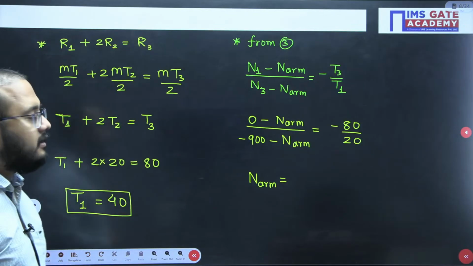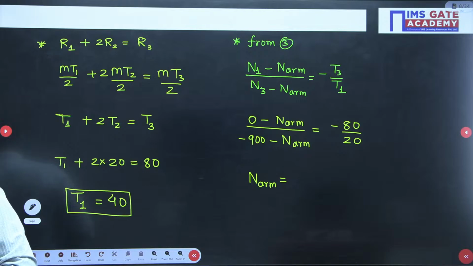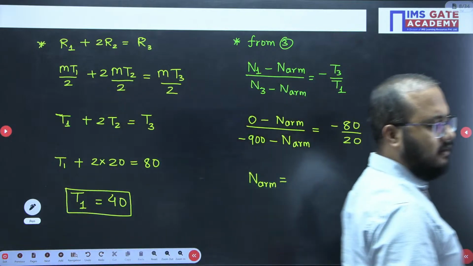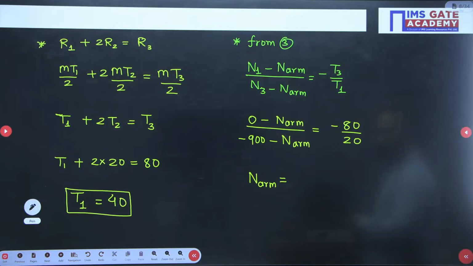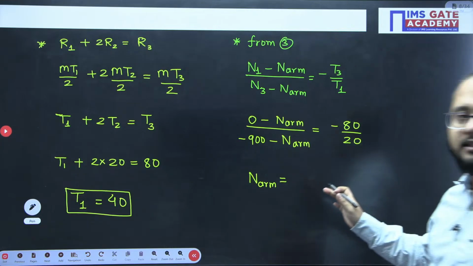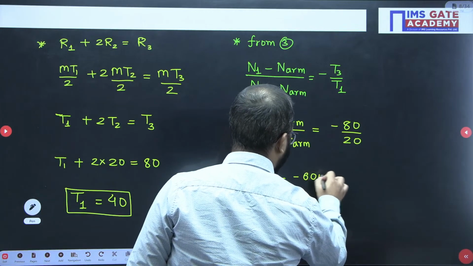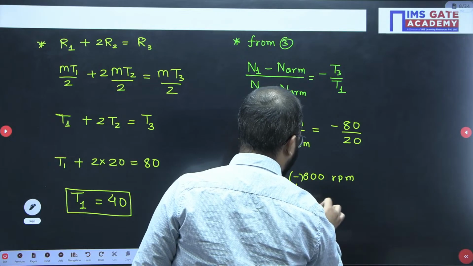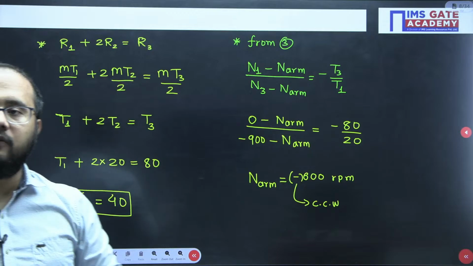Okay, so please mention your answers in the chat box. What will be the speed of the arm? Now, very simple calculation. Minus 80 divided by 20, it will be minus 4. If you solve, your answer will come out to be minus 600 RPM. Now the minus sign means counterclockwise, because initially I used this sign convention: counterclockwise is negative.